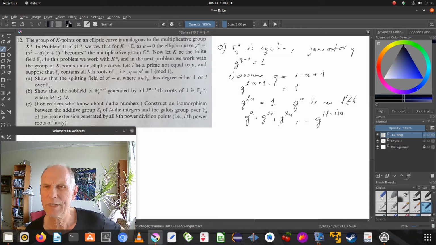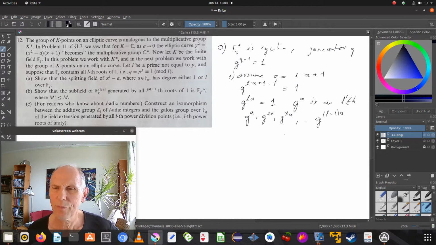That doesn't quite make sense to me. I claim that these are distinct, and it's L minus 1 roots, and then we have G to naught as well. So that's the L roots of unity. The lth roots of unity.